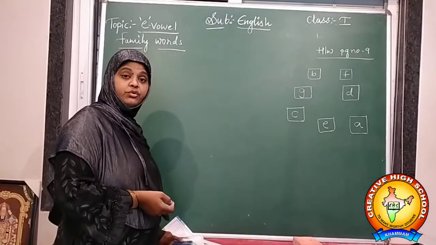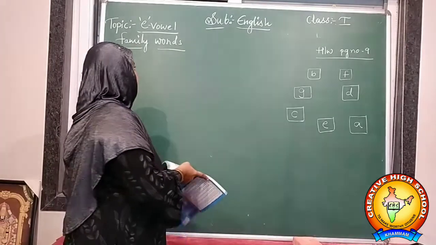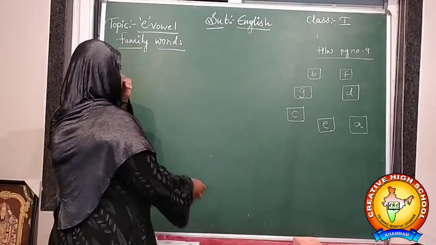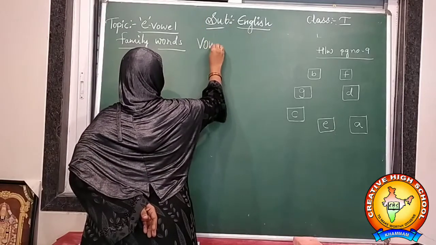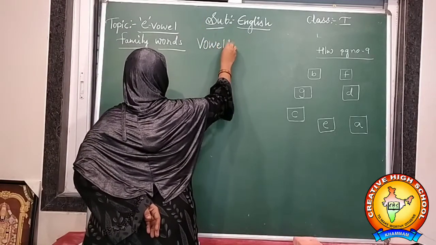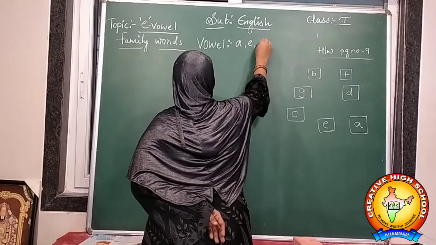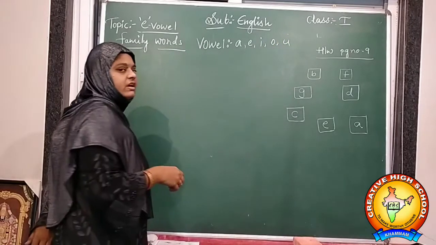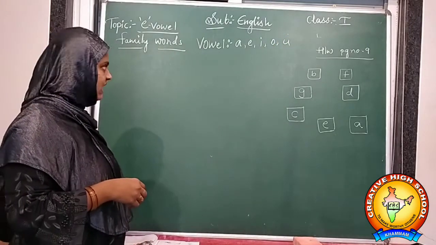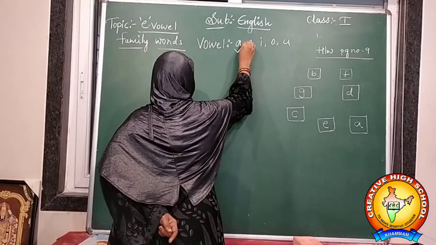Today I am going to tell you about E family words. Okay, E family words. Why am I reminding you again and again about vowels? The vowels are A, E, I, O, U. We have completed the A family words.